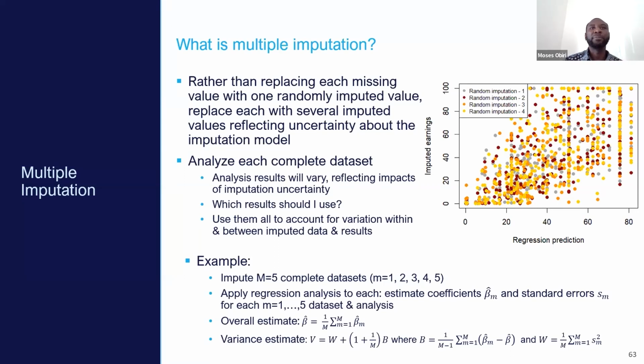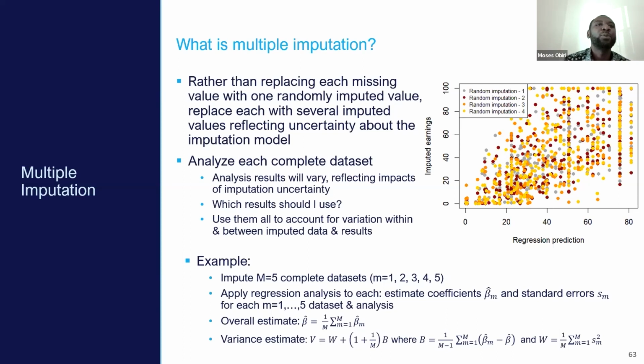So for example, if your ultimate goal is to fit a regression model to the complete data set, then you can impute the data set 5 times and fit a regression model to each of the 5 data sets.